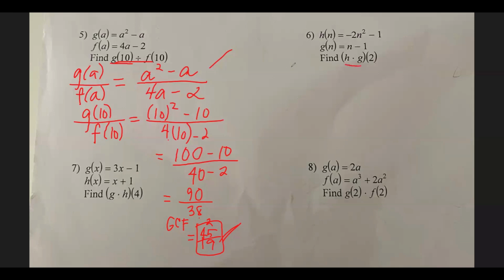So this one is h of n times the g of n is equal to negative 2n squared minus 1 times n minus 1. Then apply the h times g of 2. So h of 2 times g of 2.